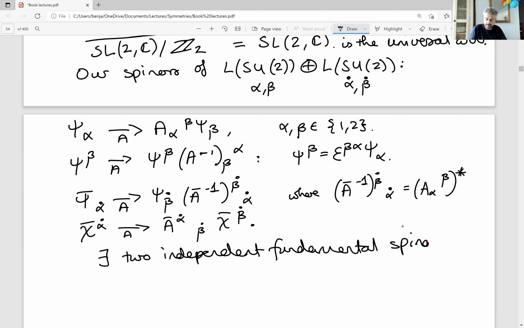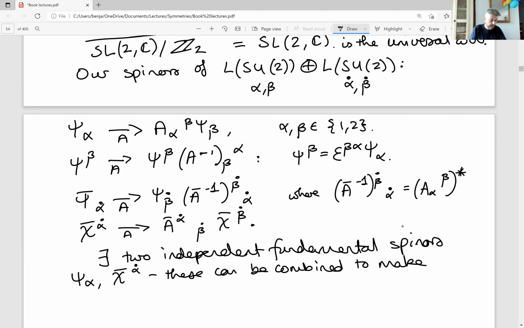And I can take these to be, say, psi alpha and chi bar alpha dot, and these can be combined in a direct sum to make the Dirac spinor, which is the one that's most familiar probably to us.